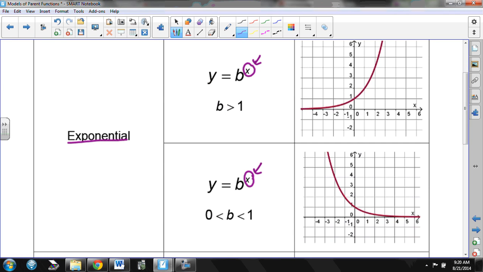There are two types of exponential functions. When the base value is greater than 1, you're multiplying by a number bigger than 1 over and over and over again. So what's going to happen? The values are going to increase rapidly.